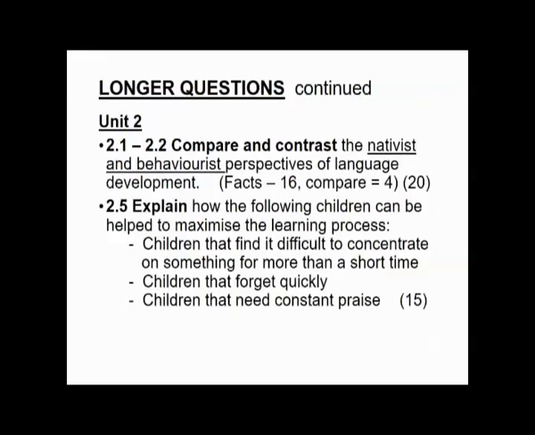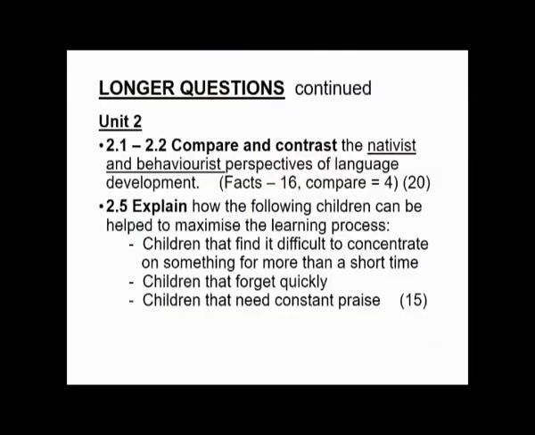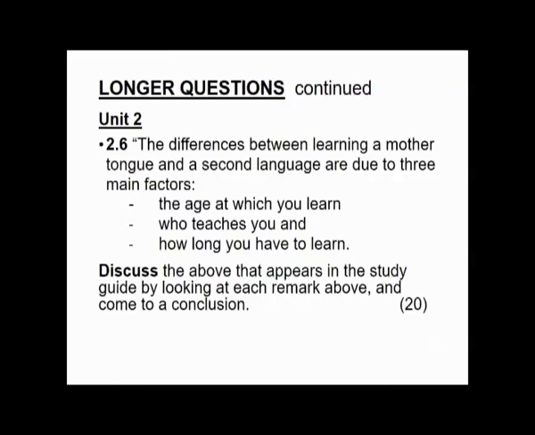You will give me 2 columns. Here you will put the nativist perspective. Here you will put the behaviorist perspective, and try and compare. This is what the nativists say, but this is what the behaviorists say. Okay. Explain how the following children can be helped to maximize. That's an easy question. Just go and read it for yourself.